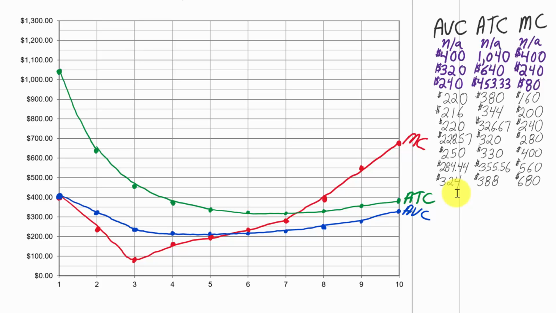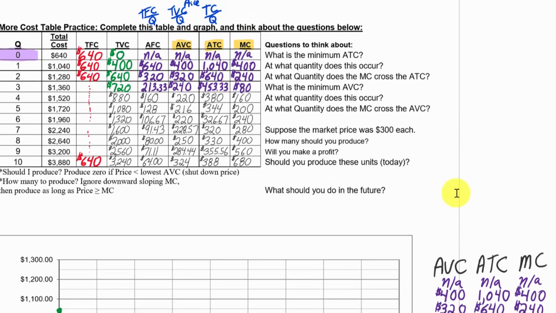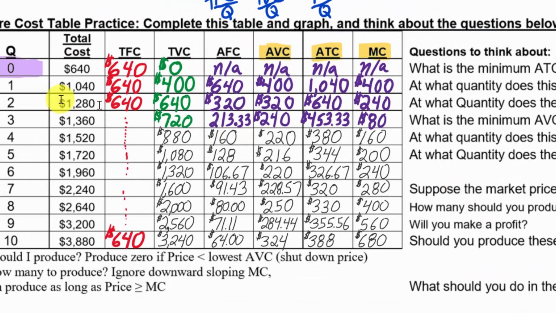Well, what's the difference between average total cost and average variable cost? What's the one thing that is in average total cost that's not in average variable cost? It's the average fixed cost, right? And that average fixed cost, remember, gets lower and lower as we go.